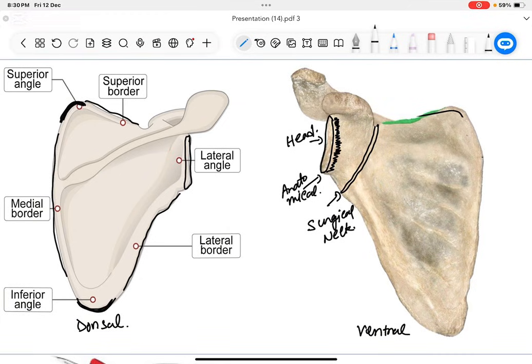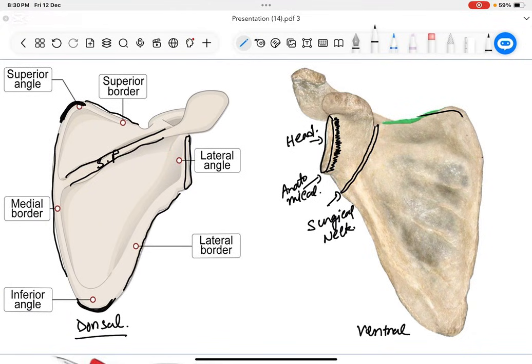Then we said it has 3 processes. On the dorsal area, we will see a process. The name of this process is the spinous process. The dorsal area is divided by the spinous process.